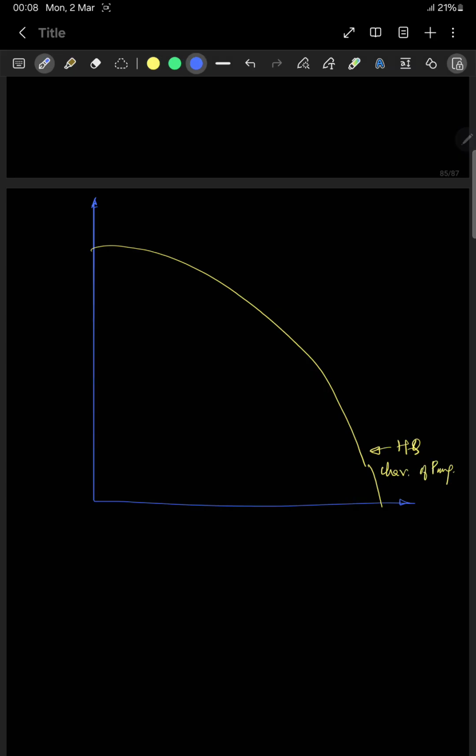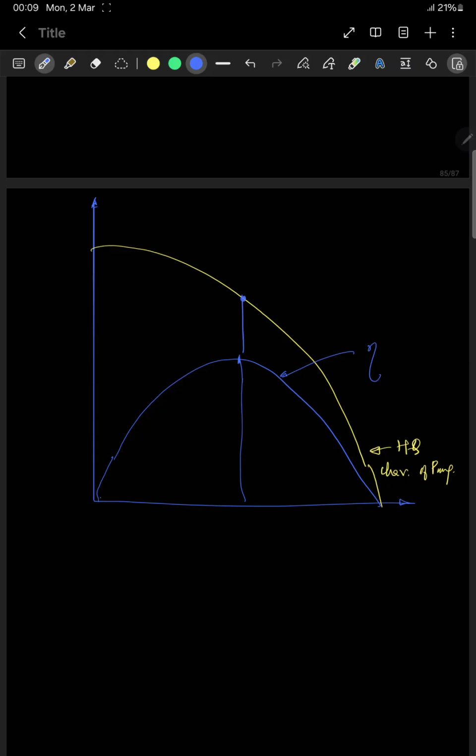We can also draw the efficiency curve, which would look something like this, where this is the curve. This is the efficiency curve.